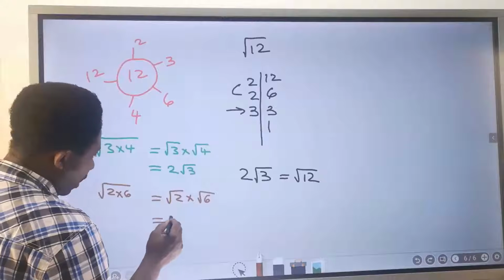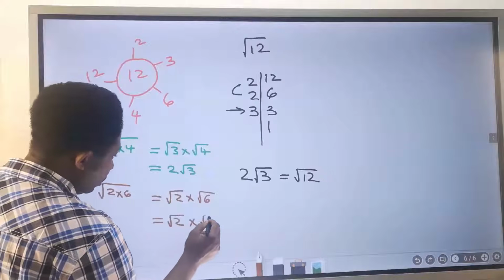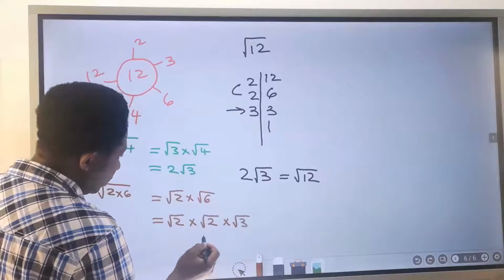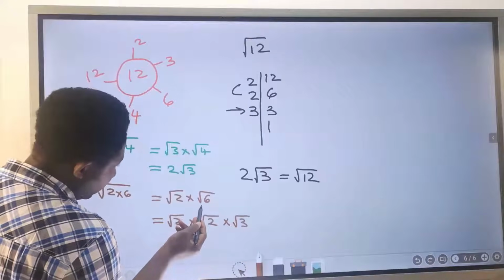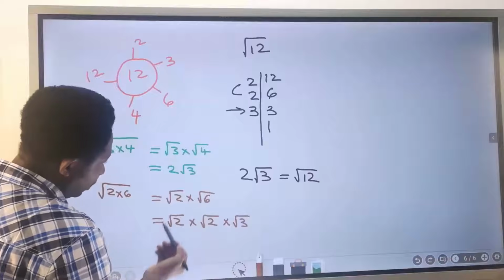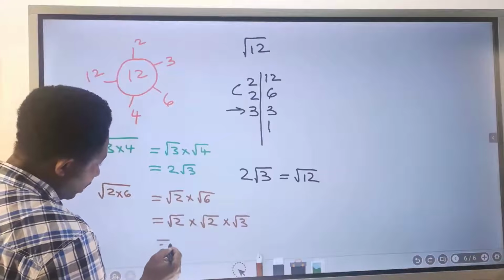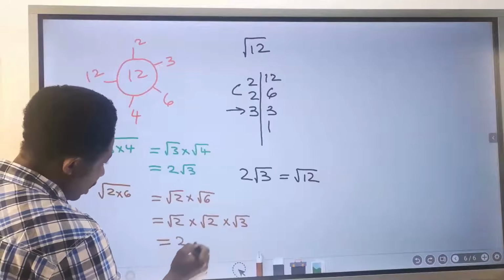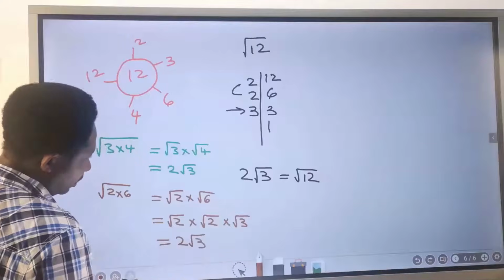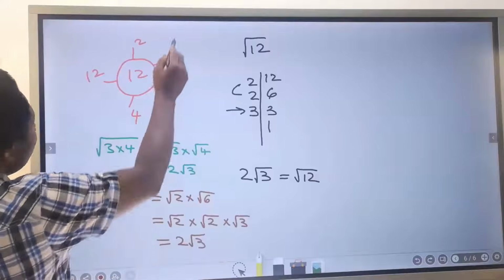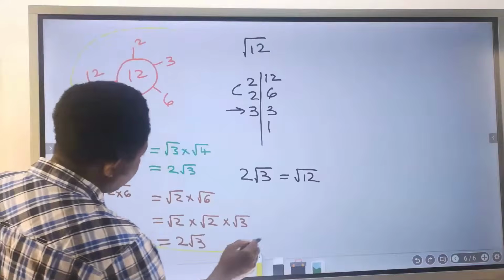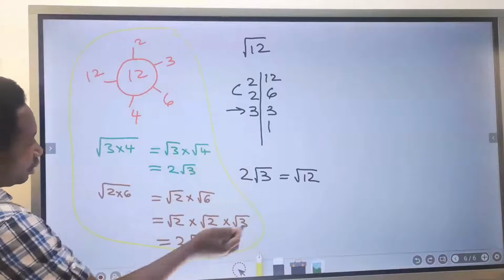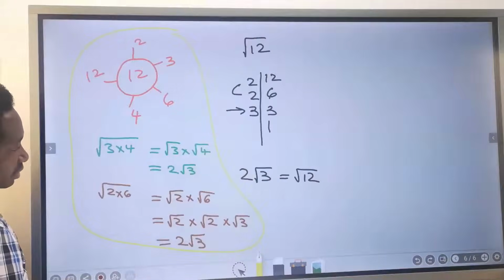And we are going to have root 2 times root 2 times root 3. Because inside this, I can have 2 times 3 to give us 6. And here, I have root 2 times root 2 is 2. And here, I have root 3. If you decide to go with this method, this is fine. And if you decide to go with this method, this is also fine.